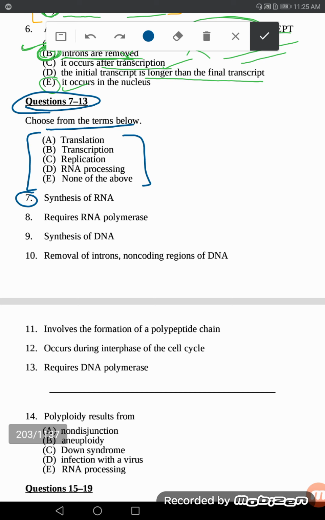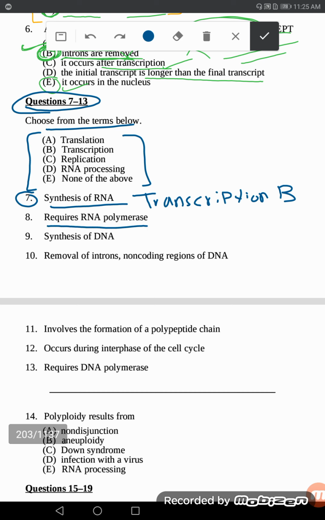So the seventh one is synthesis of RNA. The process of synthesis is done by the transcription process, which is B. So RNA will be synthesized during the transcription process.